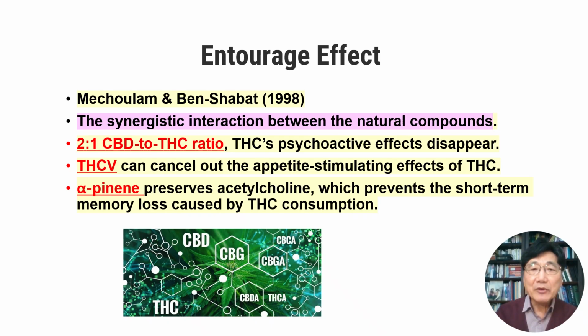There is an important concept in the cannabinoid industry called the entourage effect. The entourage effect means that all the natural chemicals work better together than any single compound alone. For example, if you mix CBD and THC in a 2-to-1 ratio, the psychoactive effect of THC disappears.